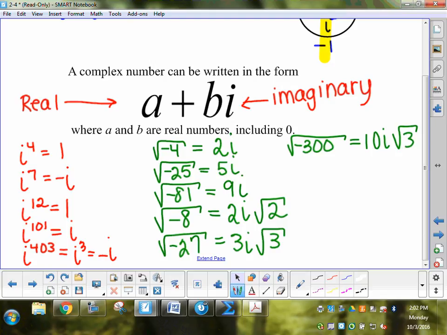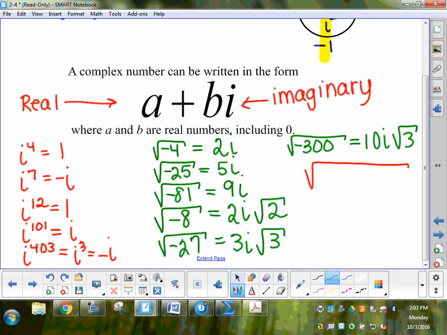Now, let's look at this next one. Remember how before we listed it out the long way, so I'll do that for you now. What's the biggest perfect square that goes into 300? 100 times 3, and then you need a -1 in front.